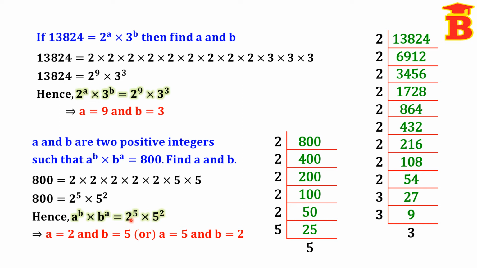So comparing this, a equal to 2, b equal to 5. This right hand side is multiplication only. So if we want, we can write first 5 square and then 2 power 5. So if we write 5 square into 2 power 5, in that case a equal to 5 and b equal to 2. So we write both possibilities.